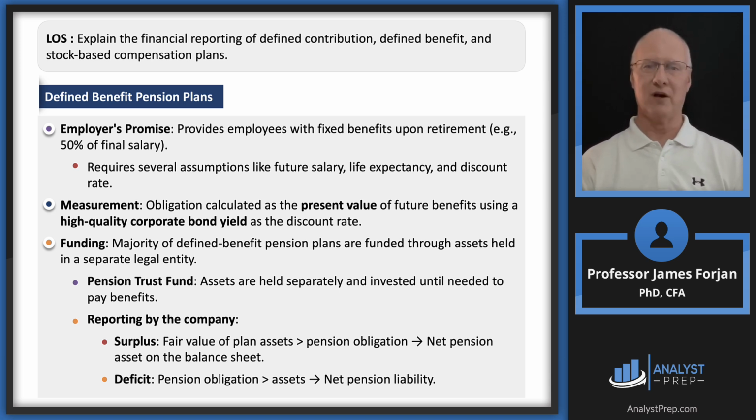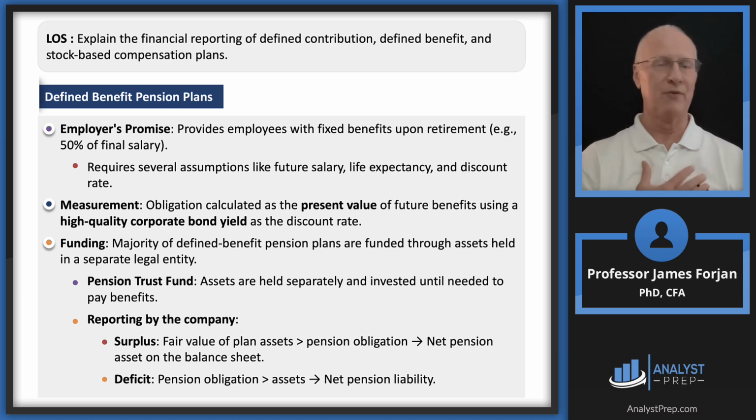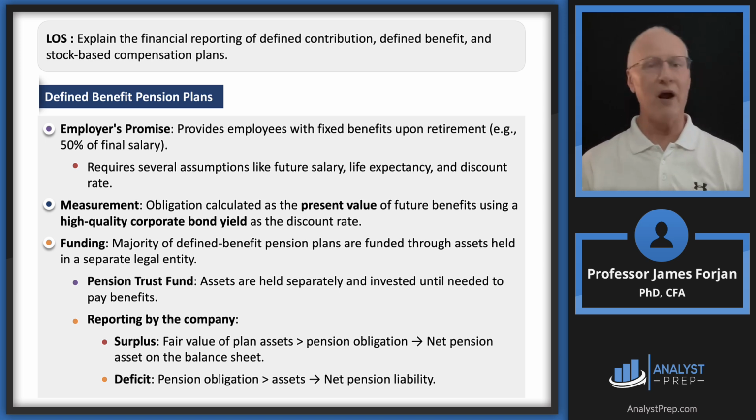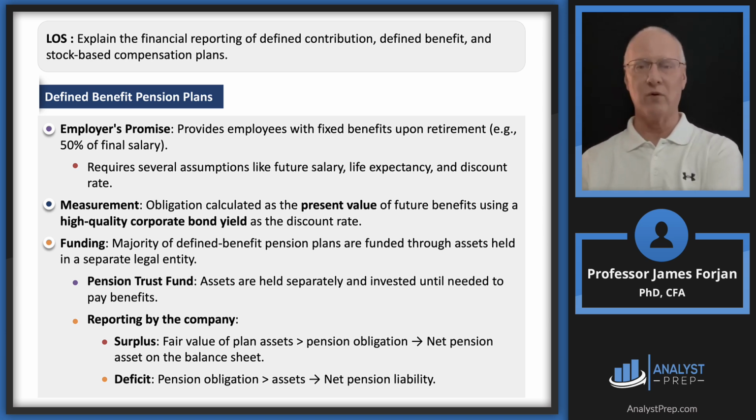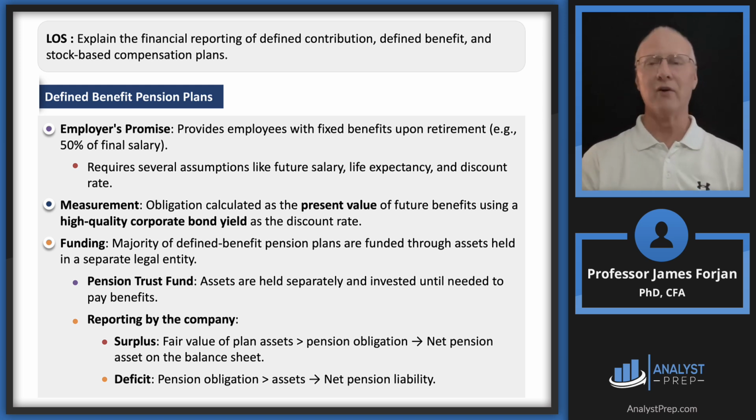And you've got to make some assumptions, because I'm 63 right now. I might not retire for another 20 years, have all these expenses, right? So the employer has to say, all right, Jim thinks he's going to retire in 20 years. Therefore, we're going to invest some money today, and hopefully when he retires in 20 years, we'll have enough, given future salary, life expectancy, discount rates.